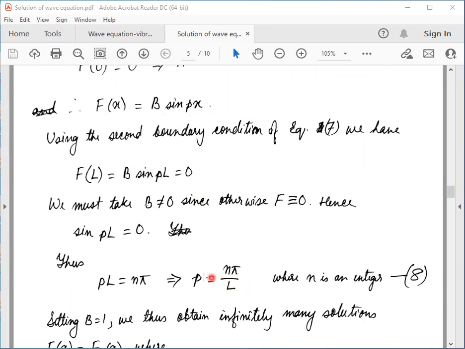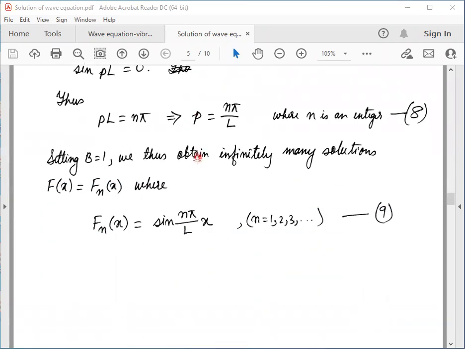So let us substitute p equal to n pi by L here, and we get f of x equal to b sine n pi by L x. And we can set b equal to 1 very easily.